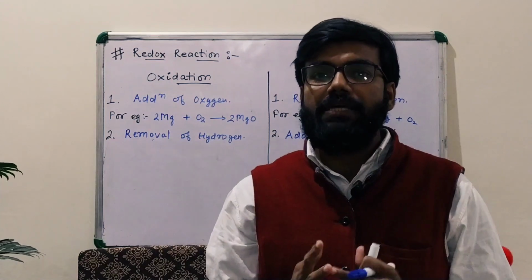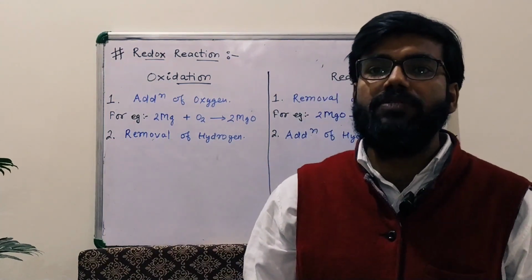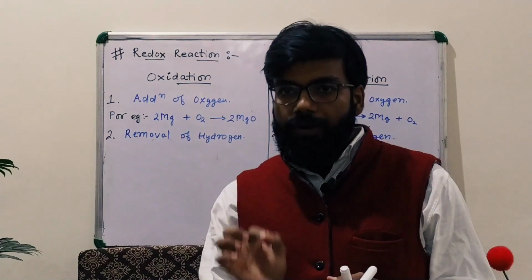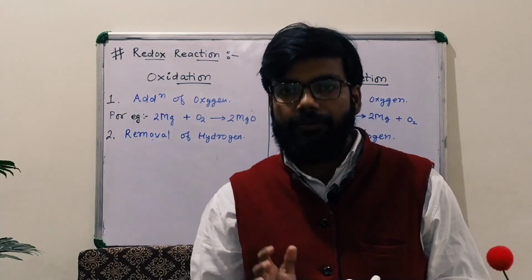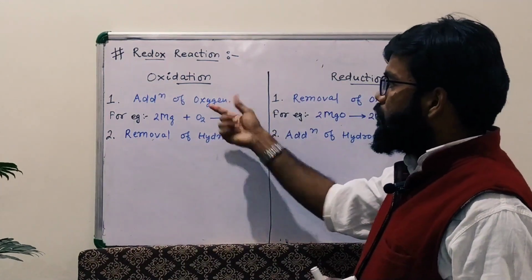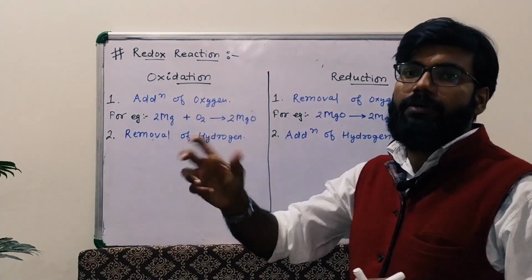The third definition of oxidation and reduction was given in terms of electronegative element. We know that oxygen is an electronegative element. So for oxygen, we will use only the terminology electronegative element.